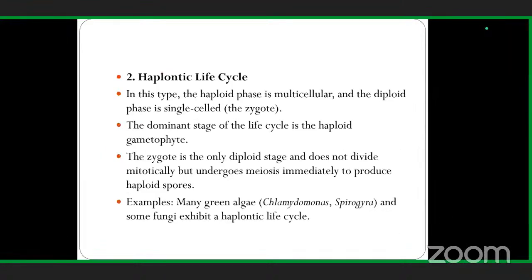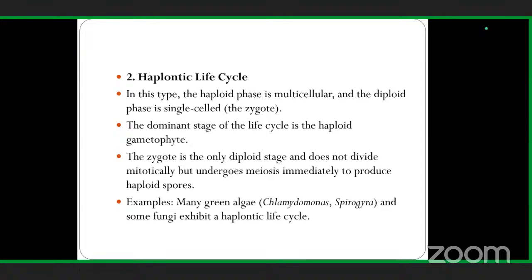Next is the haplontic life cycle. Number two is the haplontic life cycle. In this type, the haploid phase is multicellular and the diploid phase is a single cell, the zygote. The dominant stage of the life cycle is the haploid gametophyte, meaning this stage has more time.